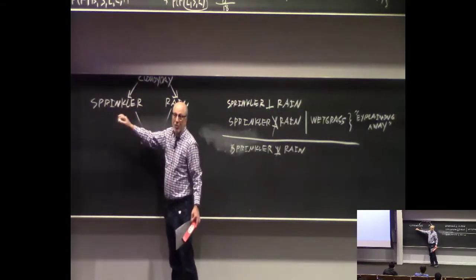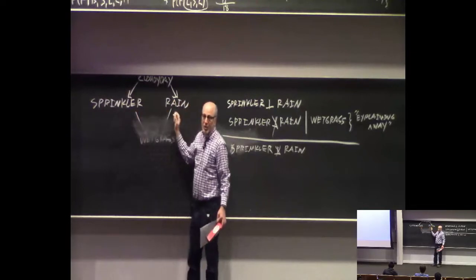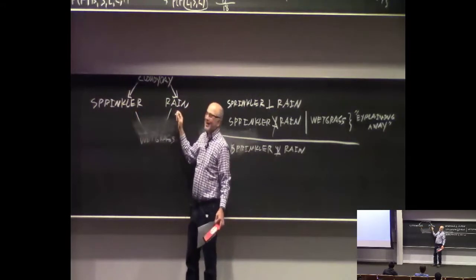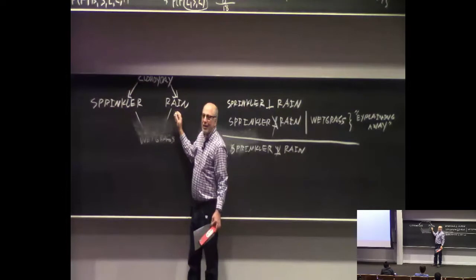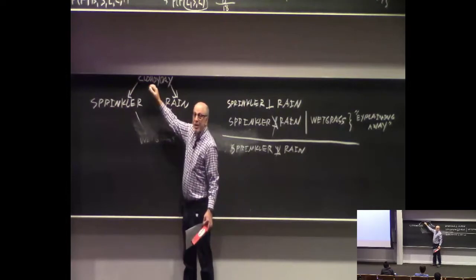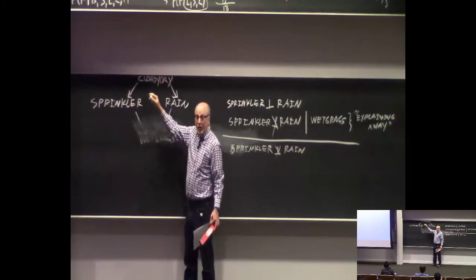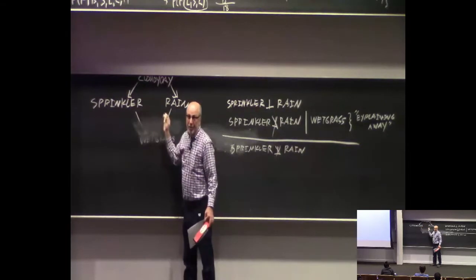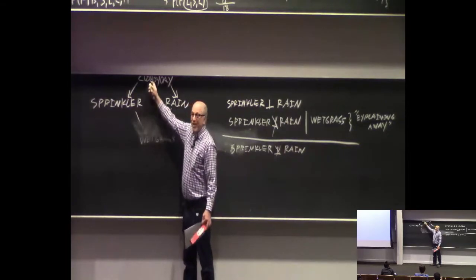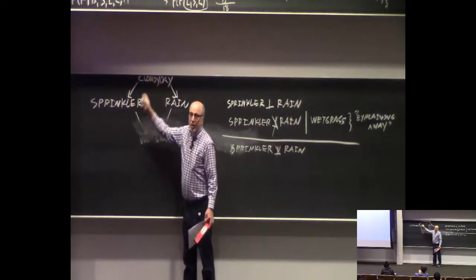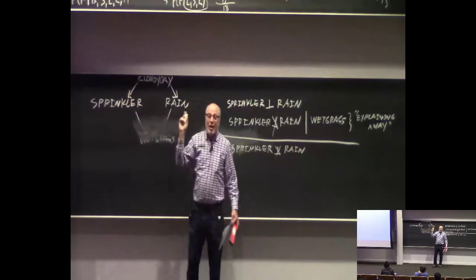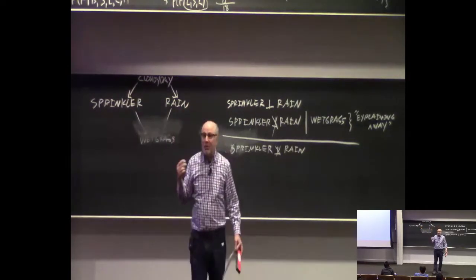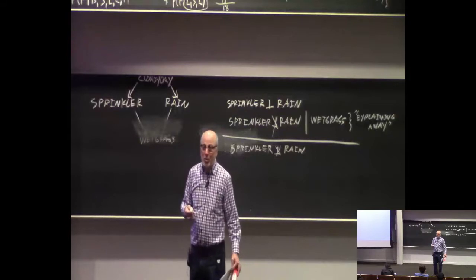How that decision proceeds will not affect how this decision proceeds. Once it's determined to be cloudy, once it's determined to be not cloudy, the same thing happens. So once you fix the value here, these two become independent unless they have some other parent in common, another common factor that affects them both.